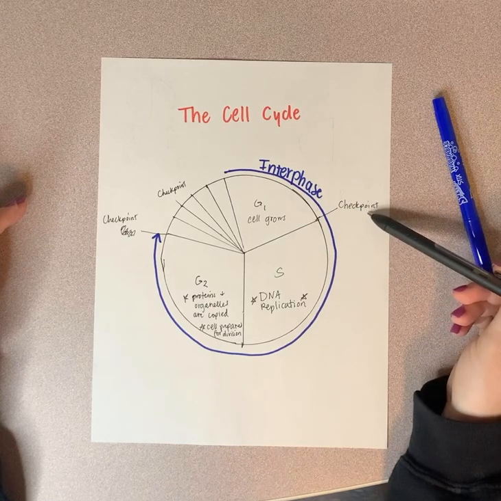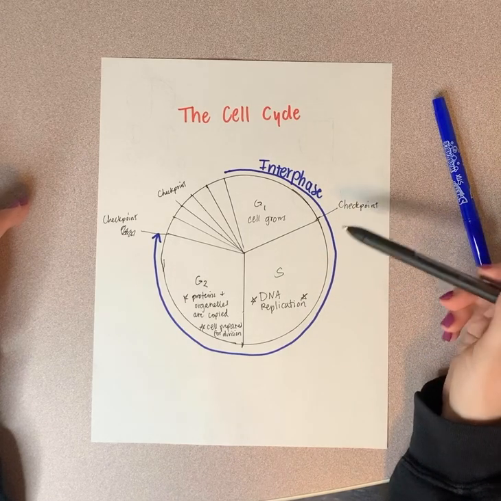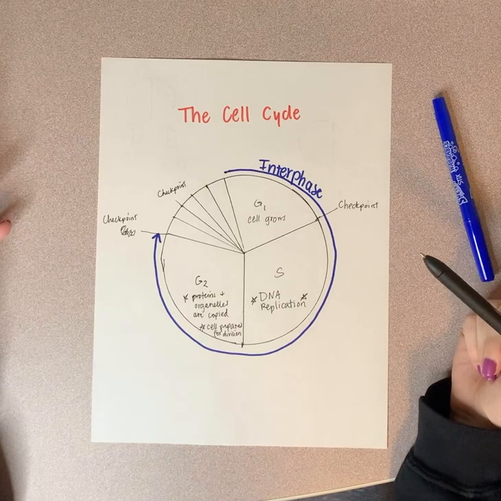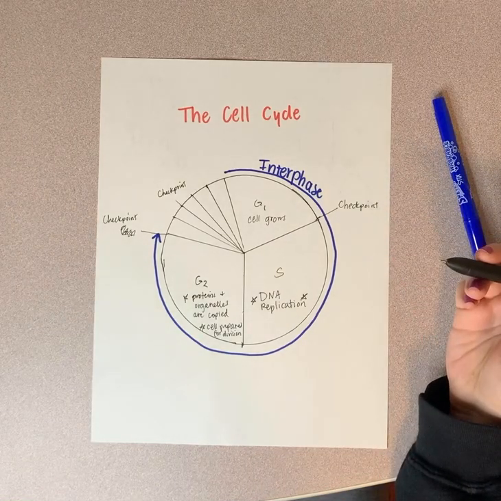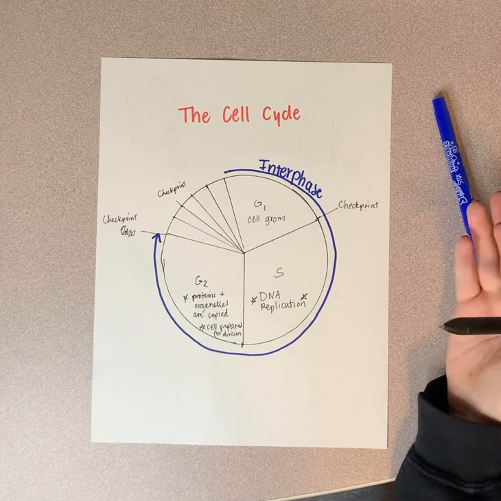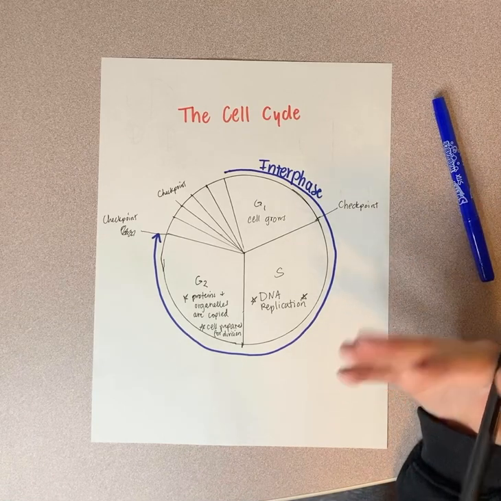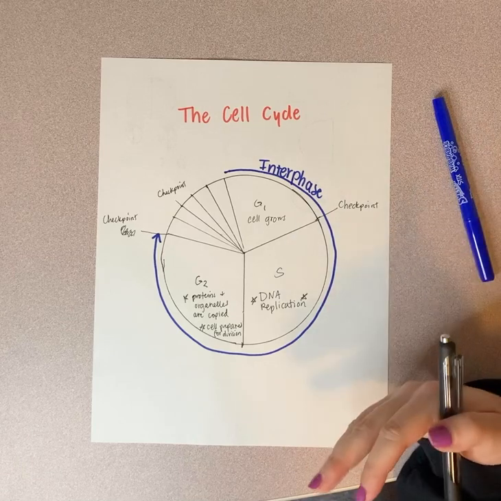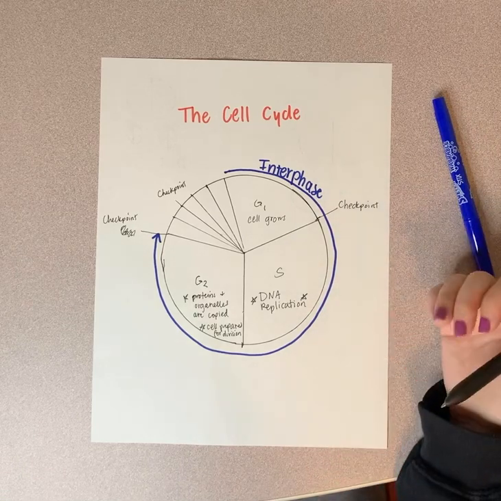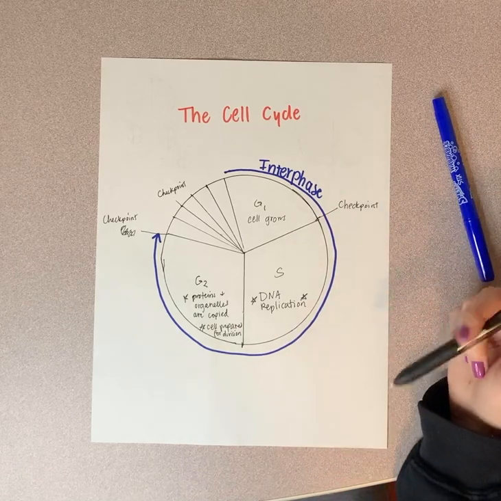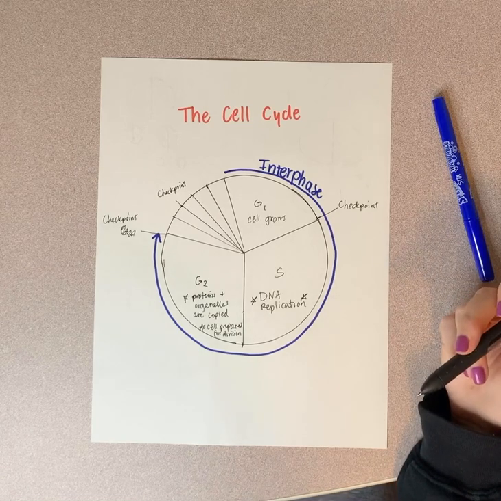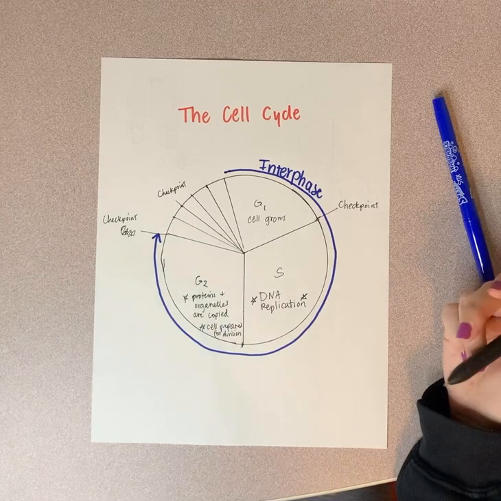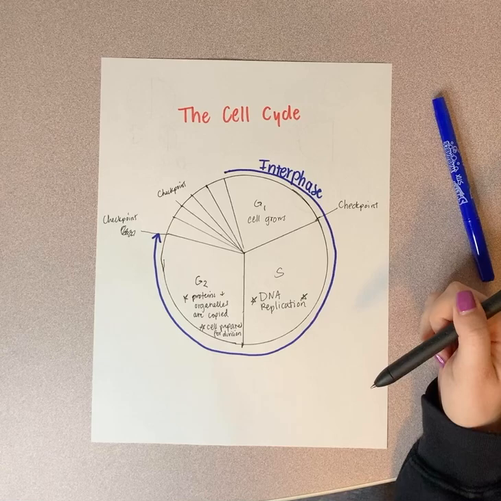If these checkpoints get messed up somehow, if some protein or some enzyme gets mutated, then the cell can divide unchecked. It divides uncontrollably, and there's no regulation, and that's when cancer can occur. This is why tumors grow, because it's unregulated cell growth. It basically becomes a lump of cells, okay?